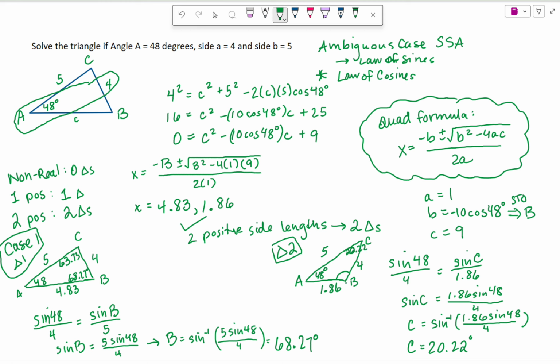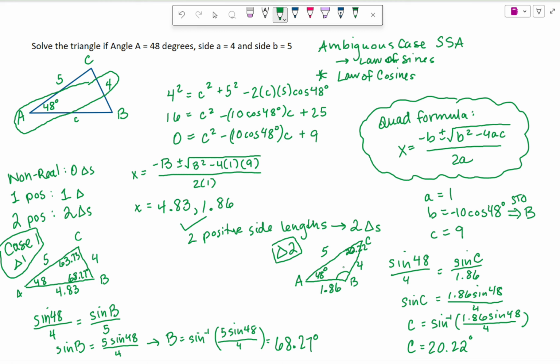20.22. Okay, and then to find angle B, let's subtract from 180. So we'll do 180, take away 48, and our last answer. And I got 111.78.